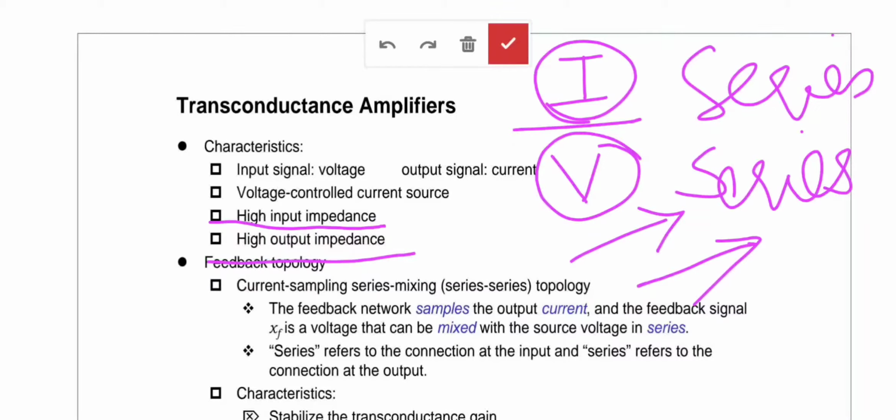Output is current, right? So it is current sampling and series mixing, or we can name it as series-series topology. The feedback network samples the output current. The feedback signal XF is a voltage that is mixed with the source voltage.